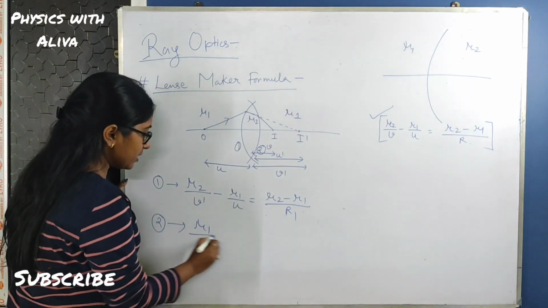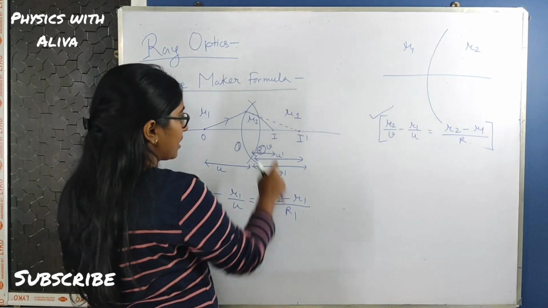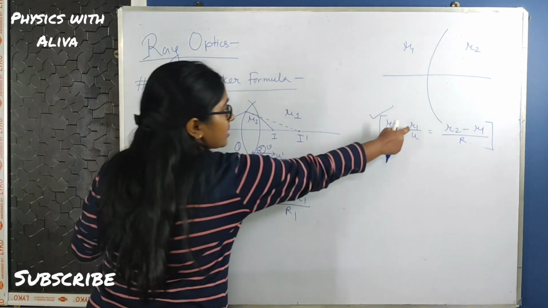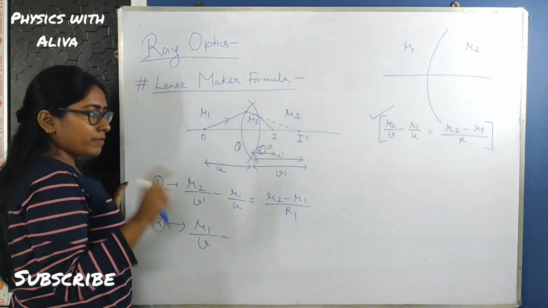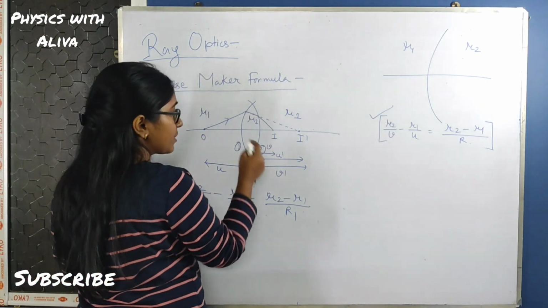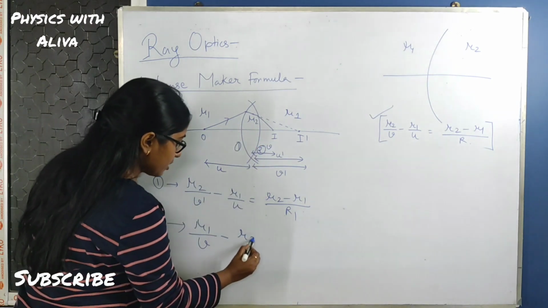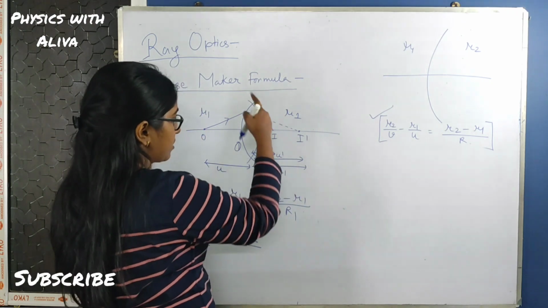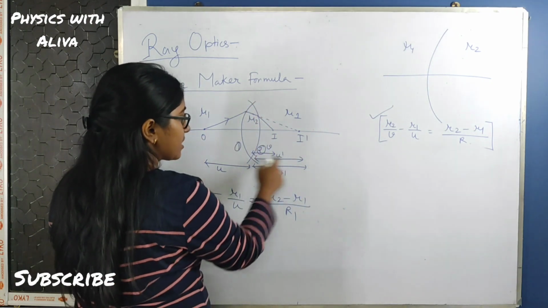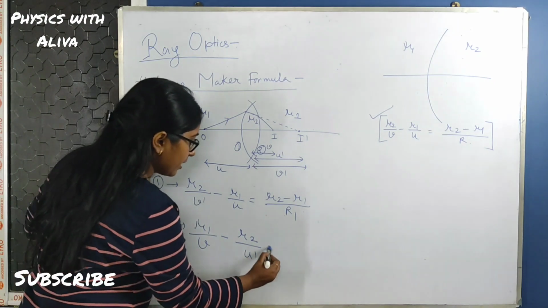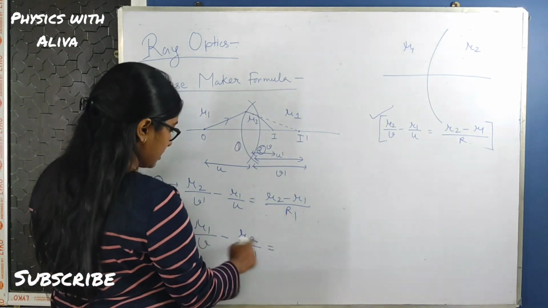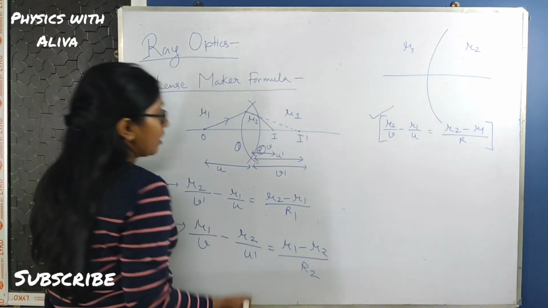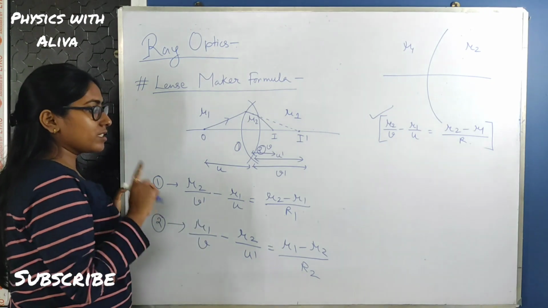We write mu1 divided by the image distance V, minus mu2, the first medium, divided by the object distance U dash, is equal to mu1 minus mu2 divided by R2. R2 is the radius of curvature for the second spherical surface.